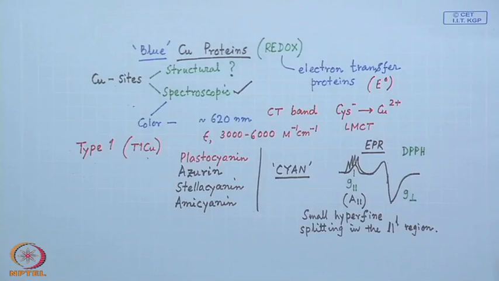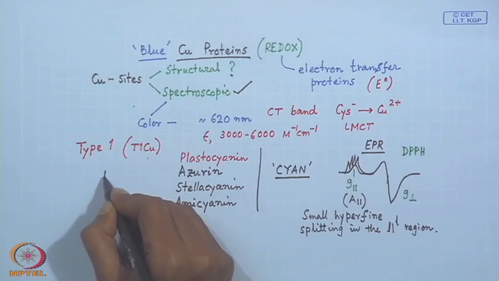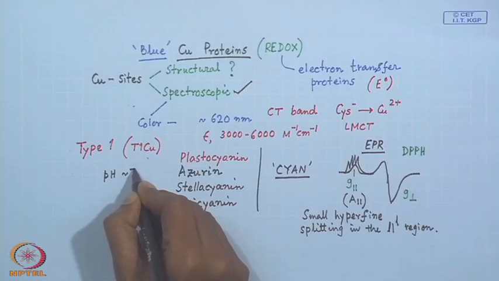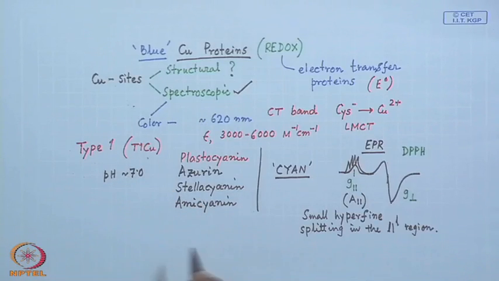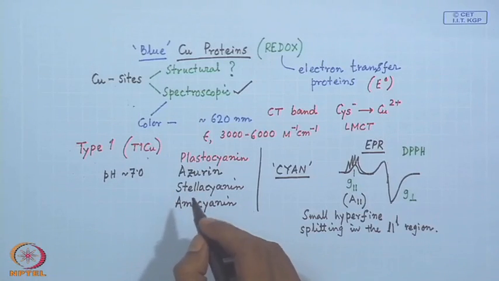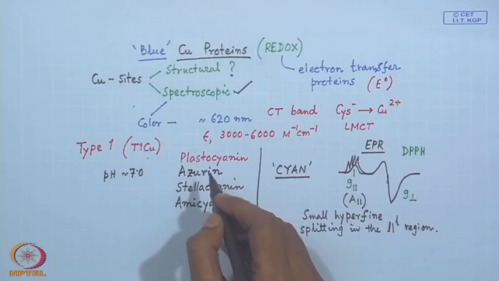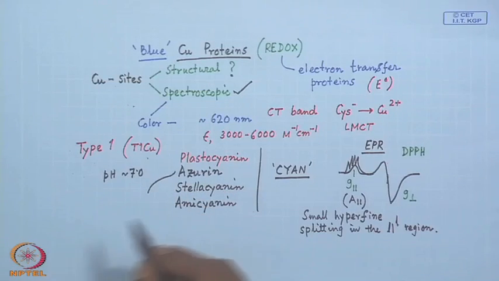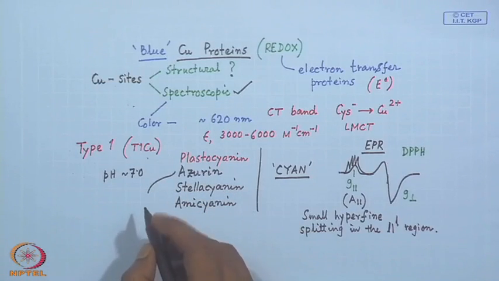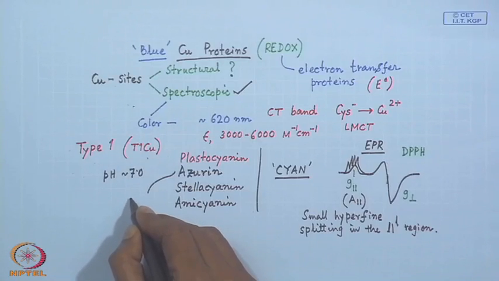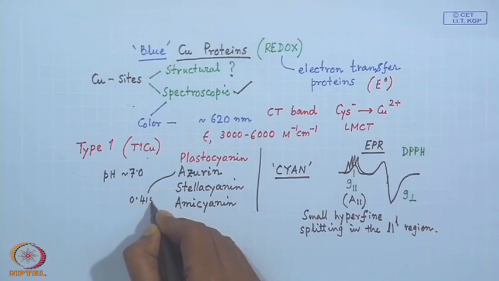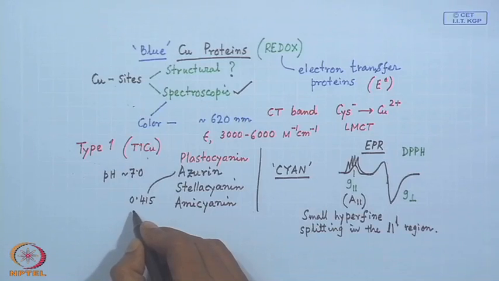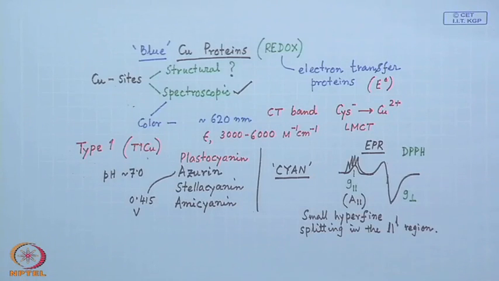So, in most of the cases E0 is measured at pH close to 7.0, and in case of azurin, say one such example, I will give that some list for that. So, in case of azurin it is 0.415 volt, and if we just compare this corresponding value with that of our aqueous copper 2 to copper 1 potential.